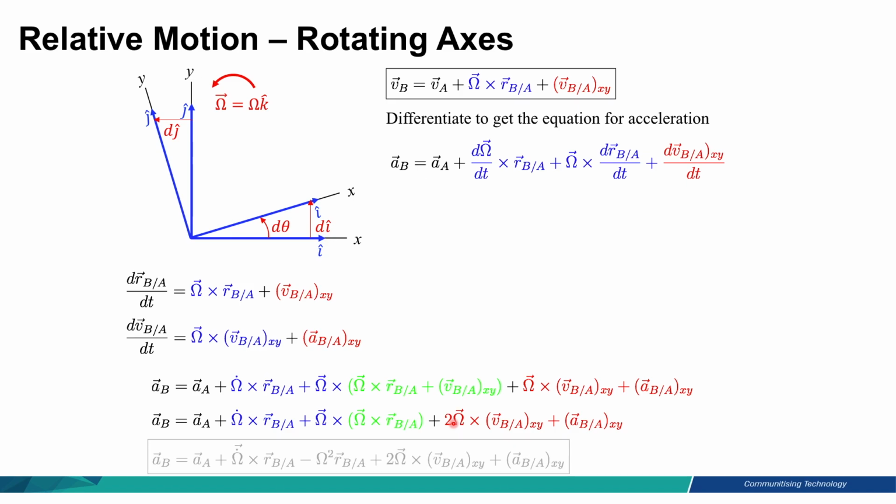And we can further simplify to get AB equals AA plus omega dot cross rb/a minus omega squared in scalar times rb/a. This comes from the vector triple product, plus 2 omega cross vb/a xy plus ab/a xy. So this is the final equation to calculate the acceleration of point B in the case of rotating axis.